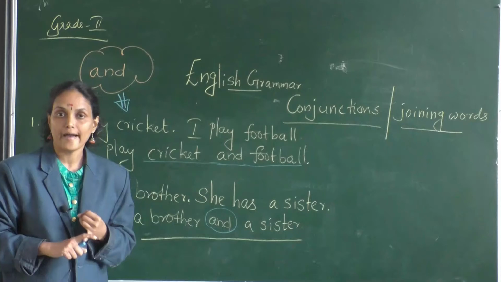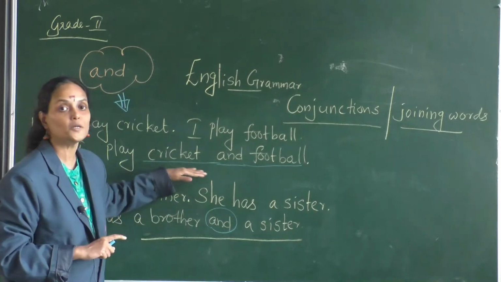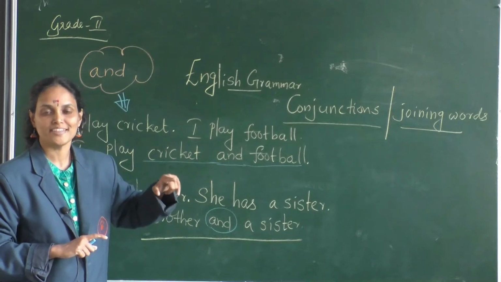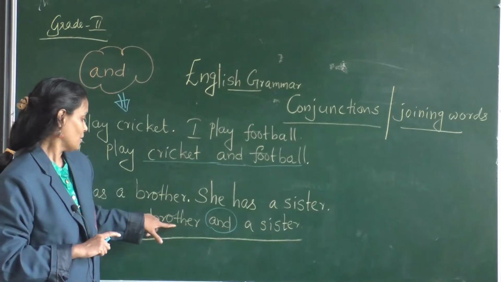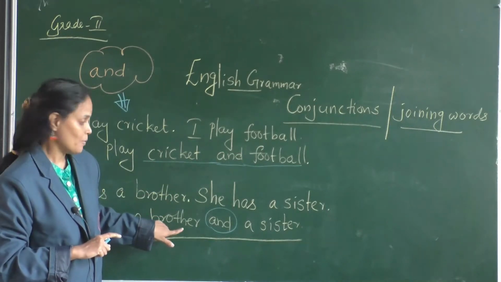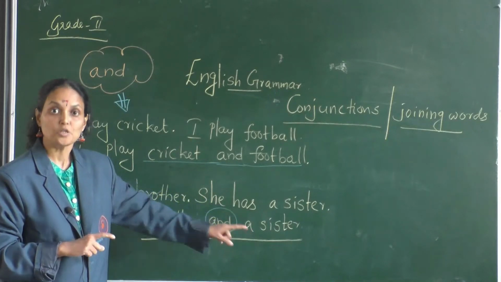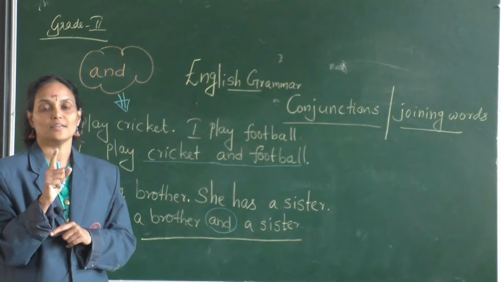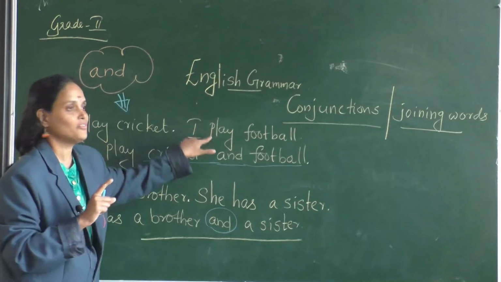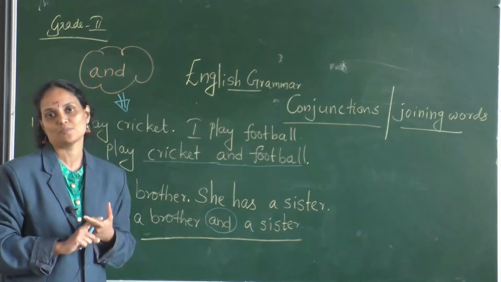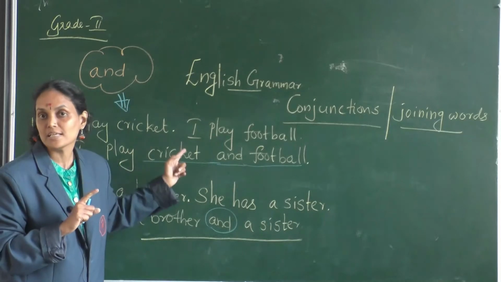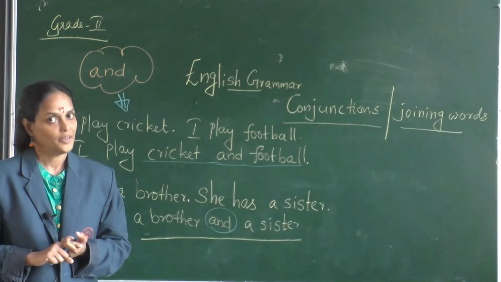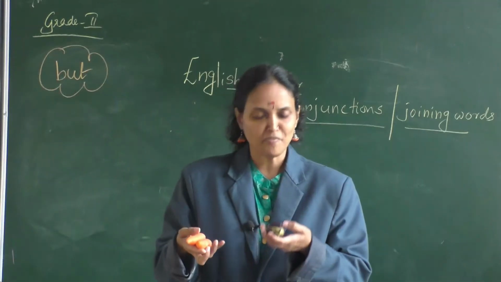The conjunction and is used to frame a word pair like cricket and football, tea and coffee, chair and table, bat and ball, brother and sister, right? Or and is used to frame a single sentence by combining two different meaningful sentences, without losing its meaning, without changing the tense of the sentences. Understood?